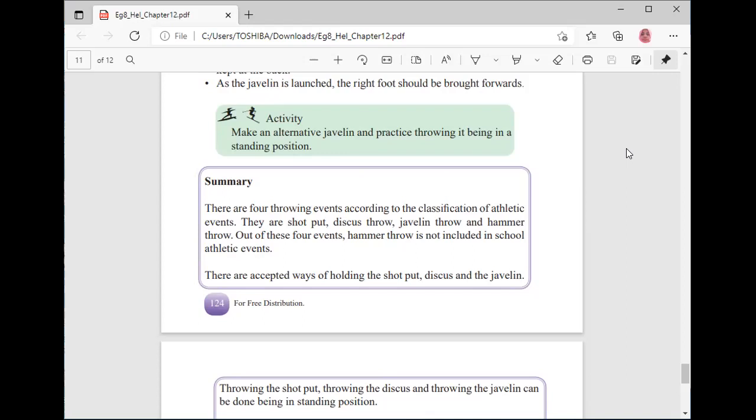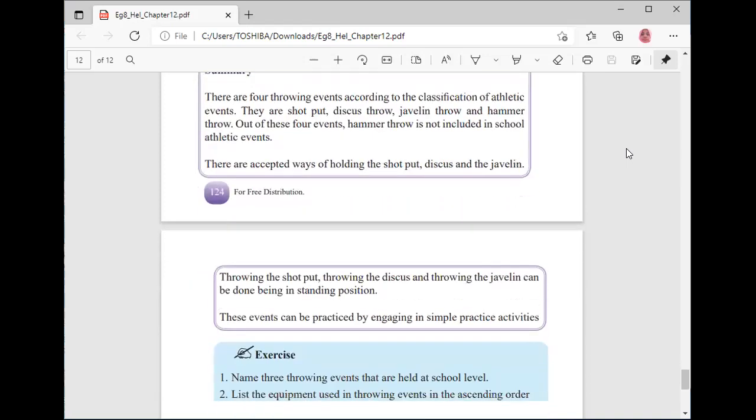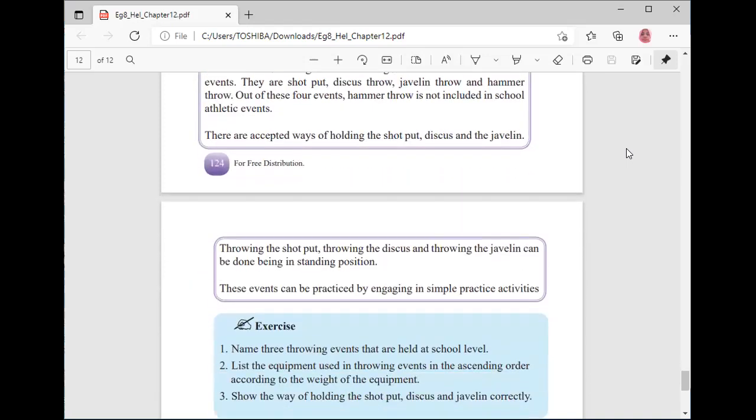There are accepted ways of holding the shot put, discus, and javelin. Throwing the shot put, discus, and javelin can be done from a standing position as well. These events can be practiced by engaging in simple practice activities.